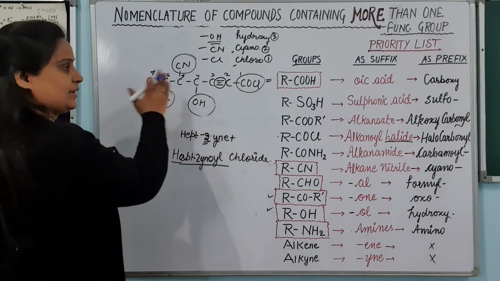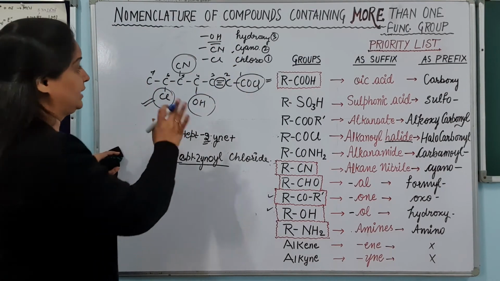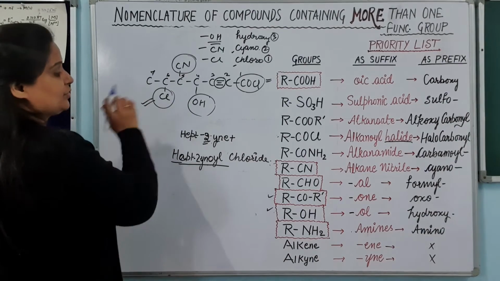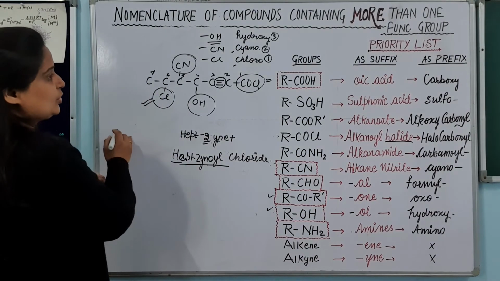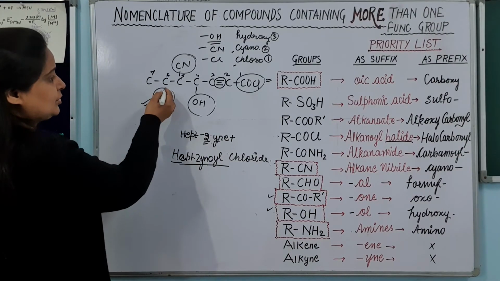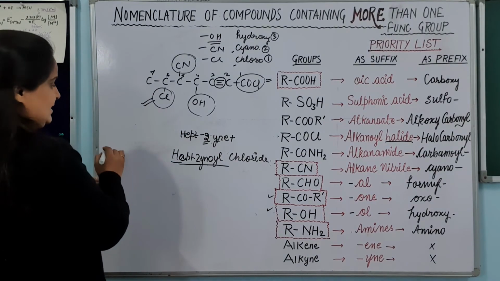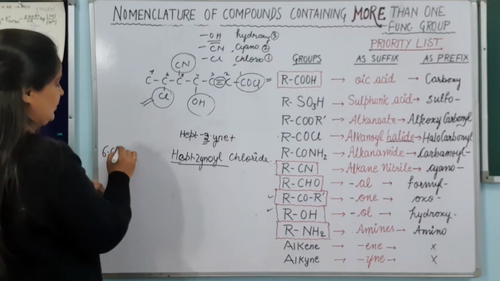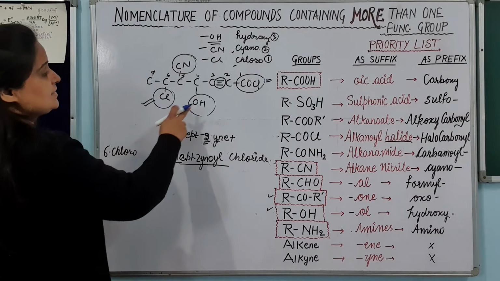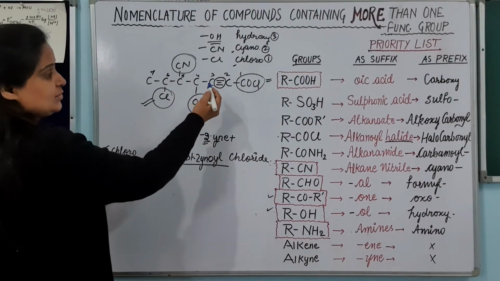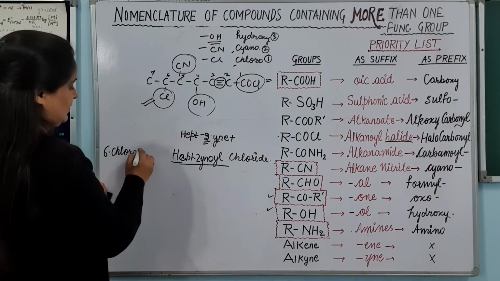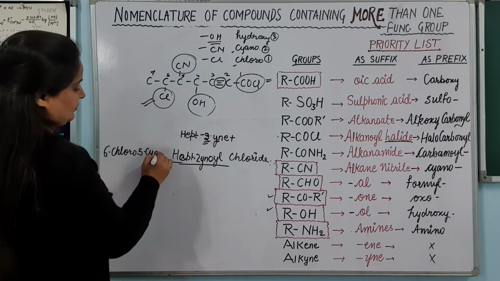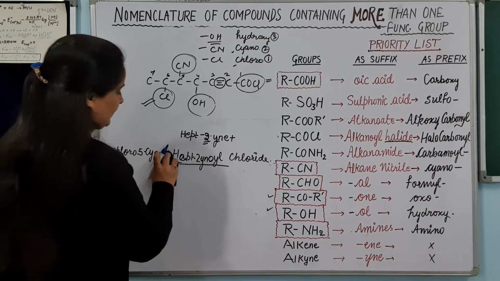Their positions are fixed. Wherever they are, you have to mention the position. Okay? So let's start. First of all, chloro. Where is the location of chloro? 6. So this is 6-chloro. Next, cyano. What is the location of cyano? 5-cyano.